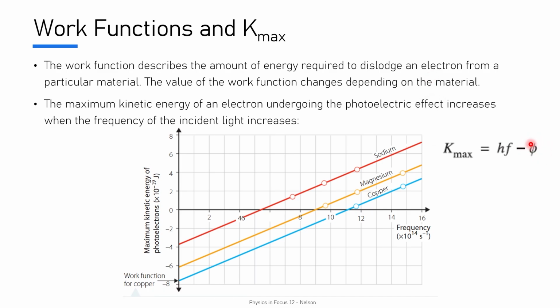And phi here is the work function, which is akin to the y-intercept. So the only difference between each of these materials in the graphs is not the Planck constant, but you will end up getting different Kmax and f values simply because the line starts at a different y-intercept.